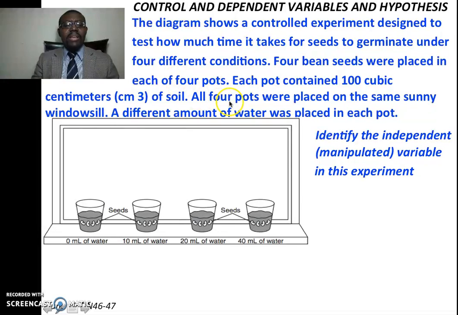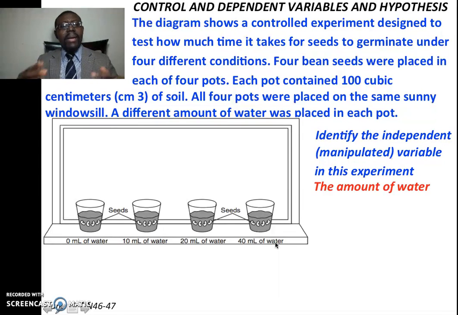The independent or manipulated variable is the amount of water we add. The first one we added 0 milliliters of water. Second, we added 10 milliliters, 20 milliliters, and 40 milliliters of water. So what we are changing, what we are manipulating, is the amount of water.